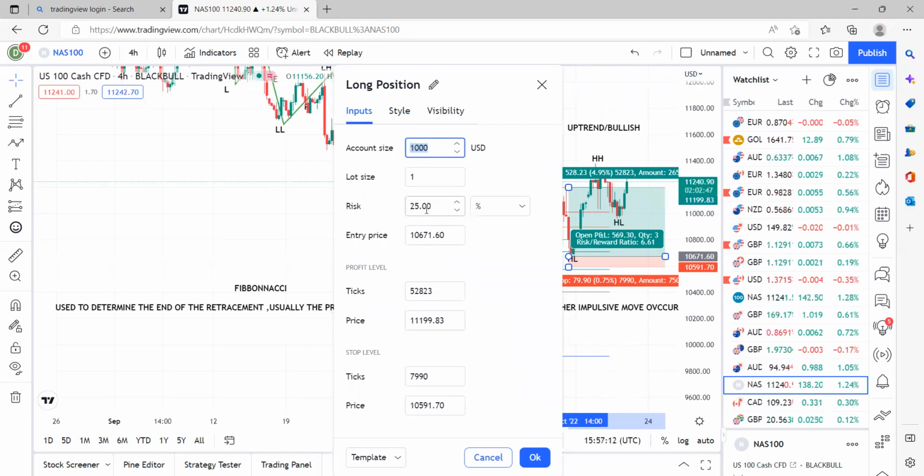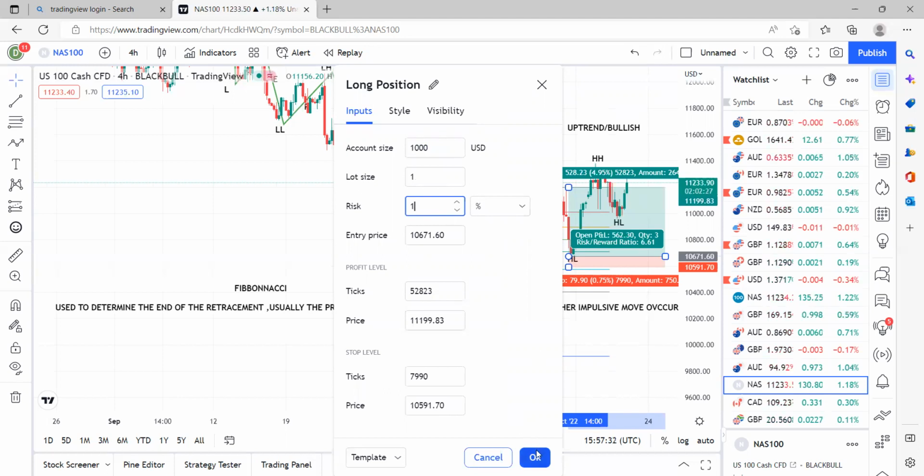I see 25%. Put it to 1%. You can just type 1. Yeah, 1%. Good.